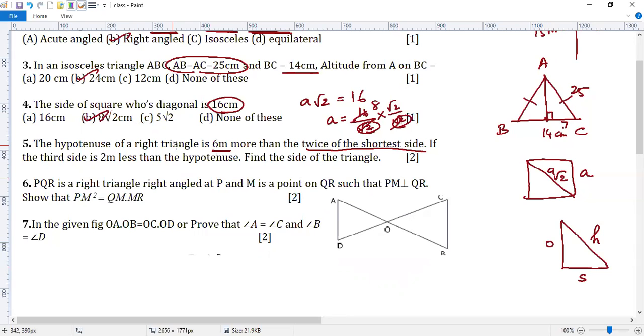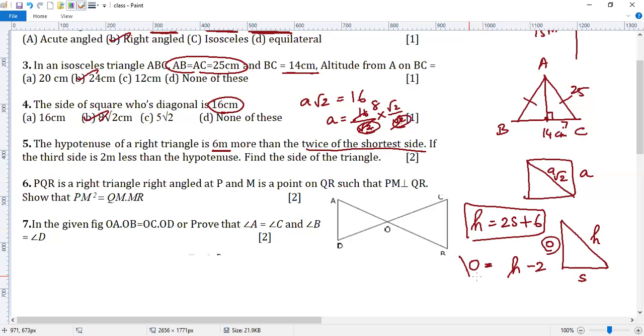The hypotenuse H is 6 meter more than twice the shortest side. So this is the relationship they have given between hypotenuse and the shortest side. If the third side is 2 meter less than the hypotenuse, so O is equal to H minus 2. Find the sides of the triangle.